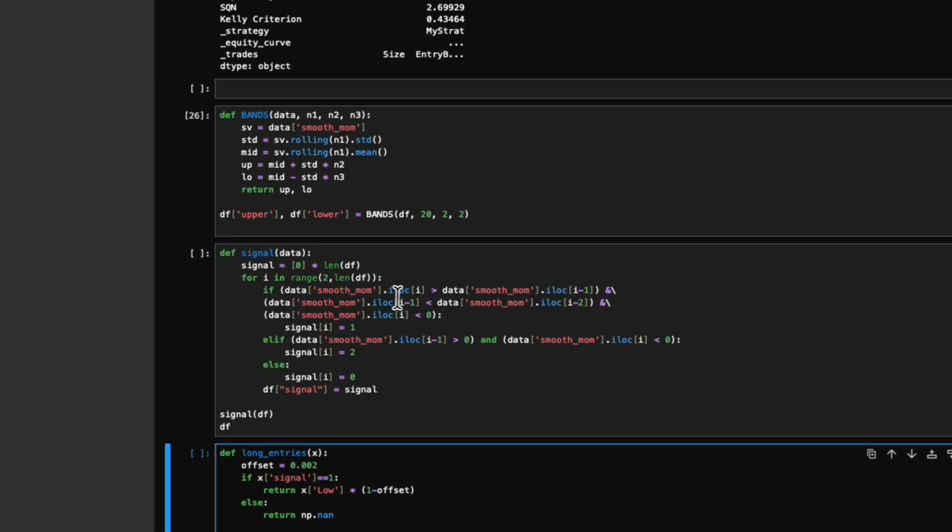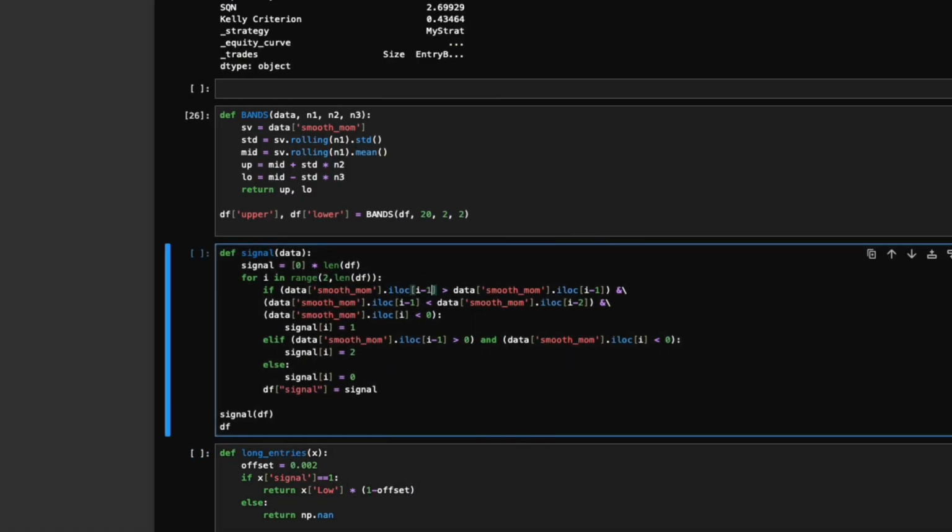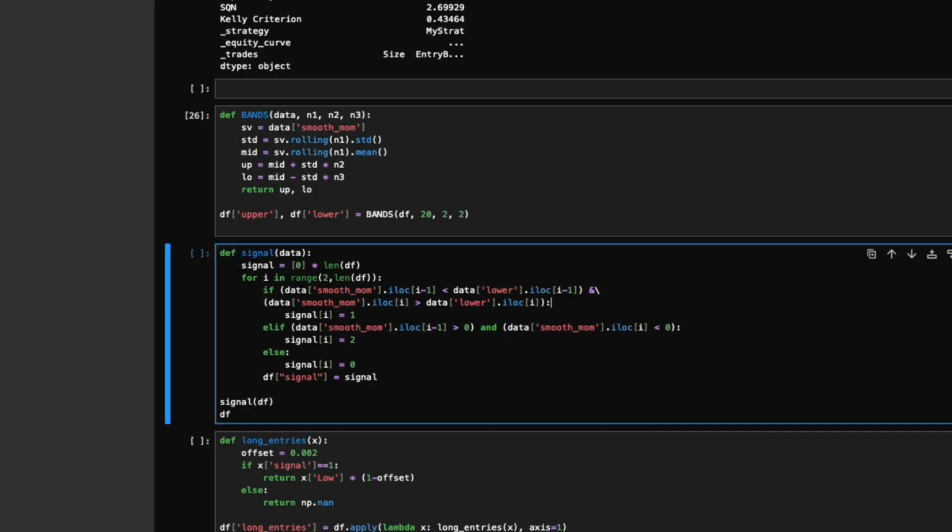So if data.smoothmon.iloc yesterday, so i-1, is less than data.lower, so yesterday's value of smooth momentum is below the lower band, and today's value, which is i, is greater than the lower band, that is going to be our buy signal, and let me just pop that in there.